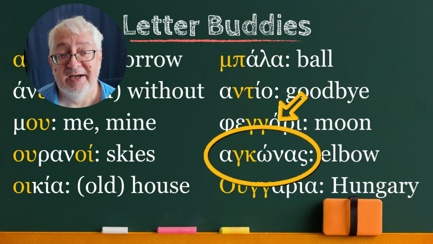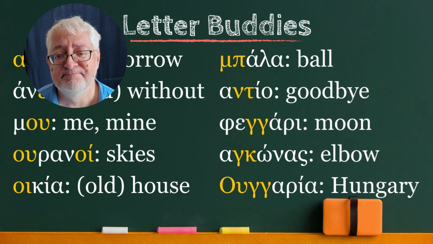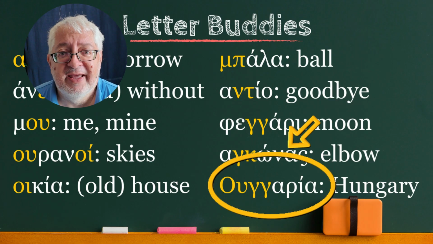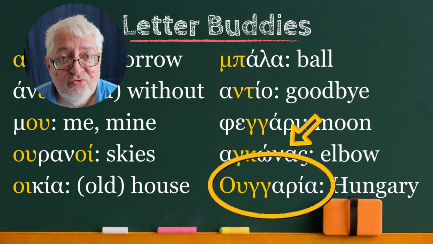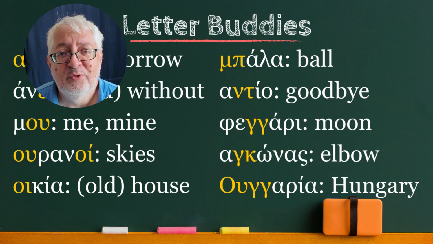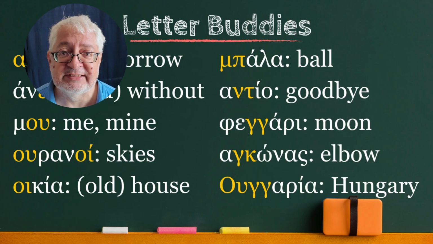Angonas. Angonas means elbow. And finally, the name of a country that includes two of these features. Ungaria. Ungaria, you see, is an U at the beginning and a G afterwards, and this means, obviously, Hungary.